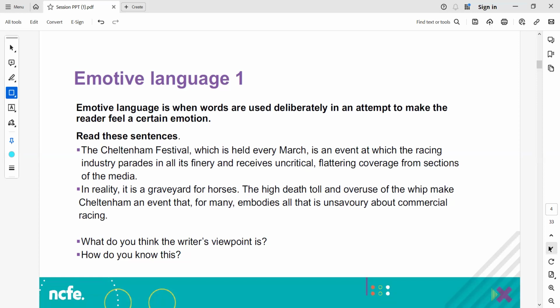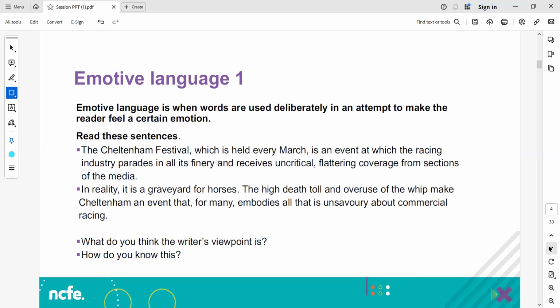Okay, let's start from here. The high death toll and overuse of the whip make Cheltenham an event that for many. The death toll. Good. So it's the second sentence, isn't it? The first one is just a description of the festival. But then in the second paragraph, it's got that emotive language.